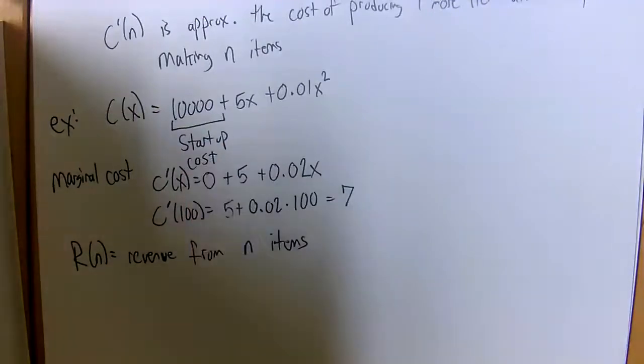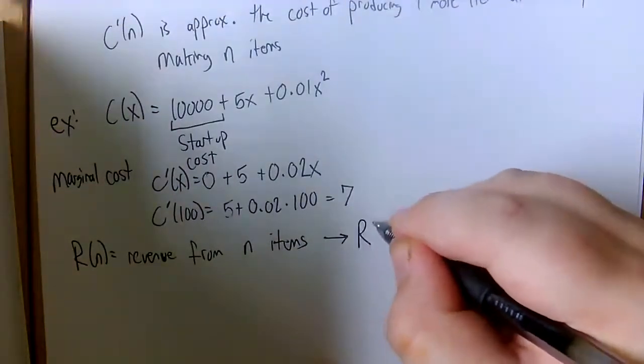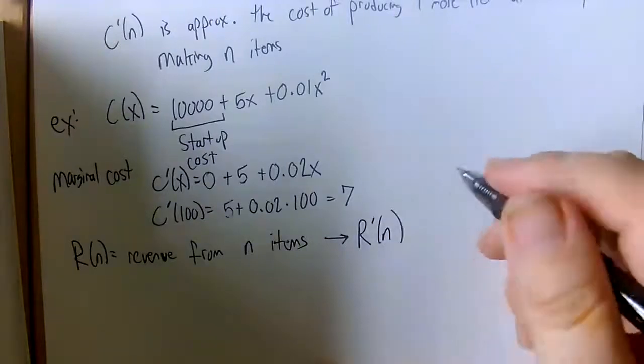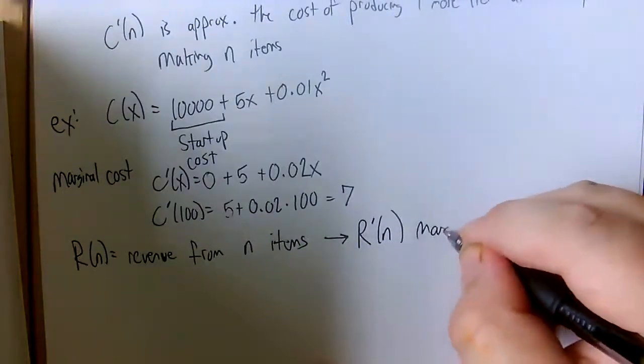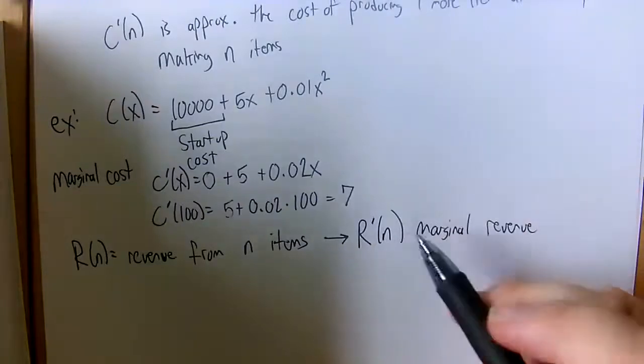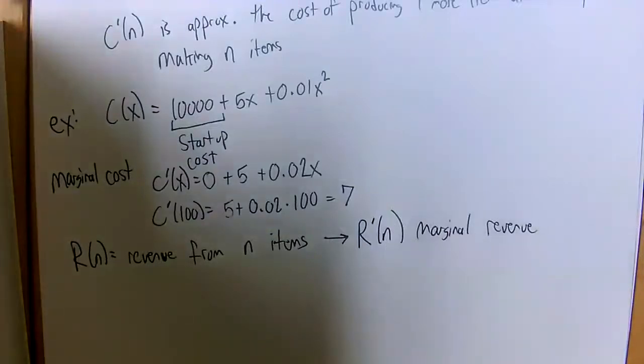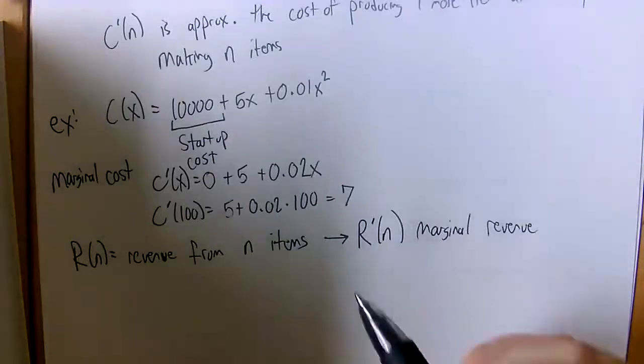So it's unlikely that a revenue function will end up having a constant value. And just like marginal cost, you could take the derivative of your revenue function, and that will be called marginal revenue. And similar to marginal cost, this tells us how much money we're going to bring in by selling just one more item when we've already sold n.